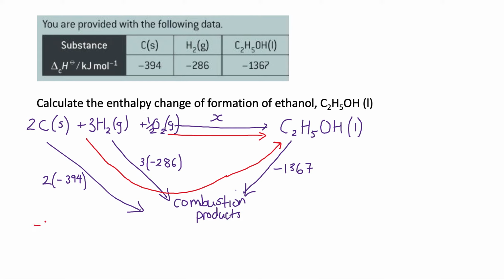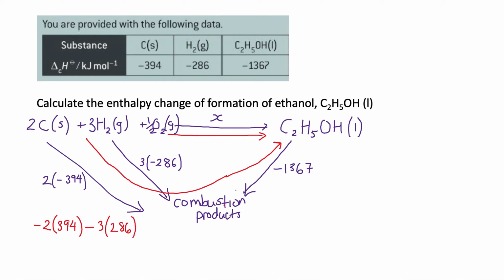So this is what I type into my calculator: minus 2 lots of 394. And then again, going down this arrow, the sign stays the same. I'm just going to take the sign out of the bracket. So minus 3 lots of 286.